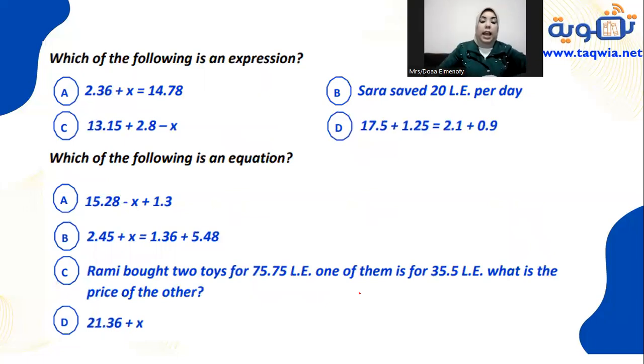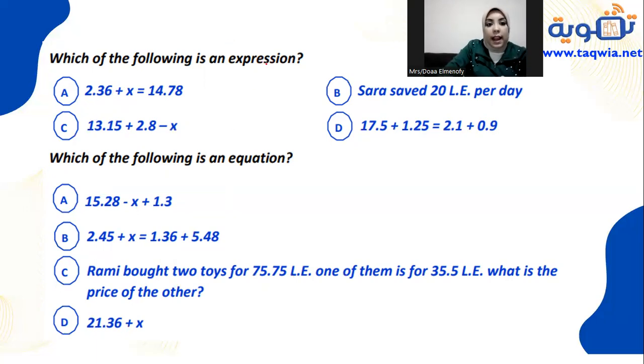But an expression consists of numbers, operations, and some symbols, and it doesn't contain equals. The equation is an expression, but it contains equals. And you have to know that the equation and the expression don't contain words, guys.